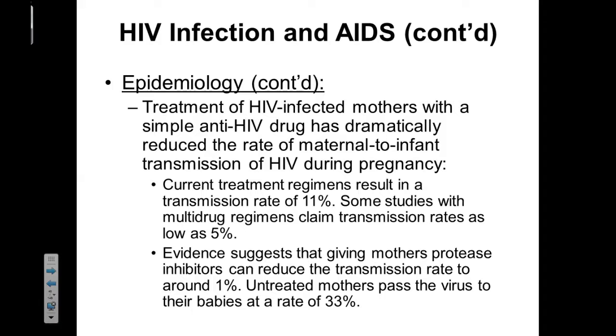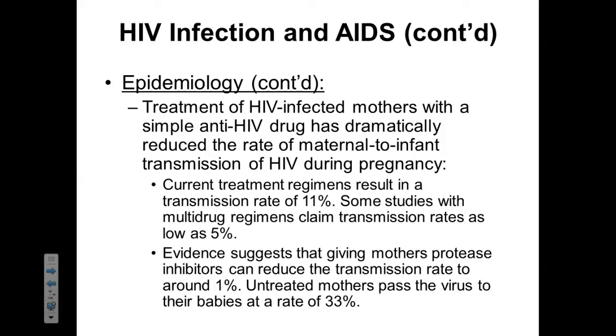To treat an HIV-infected mother, we're going to give that person an anti-HIV drug. This anti-HIV drug has caused the cases of maternal to infant transmission to be dramatically reduced. This is a good thing because, generally speaking, most women don't want to cause their children to develop HIV AIDS.